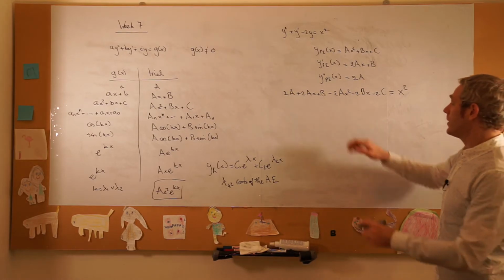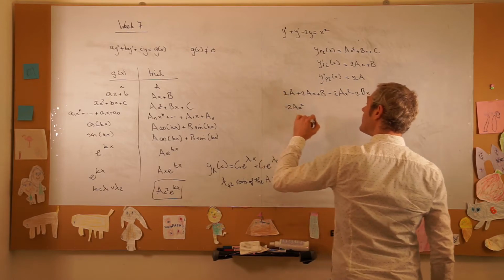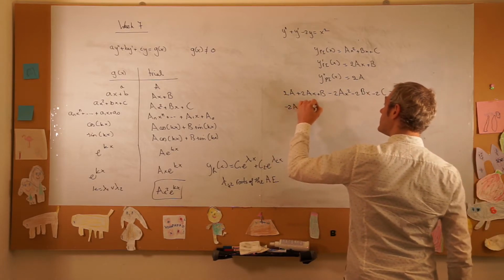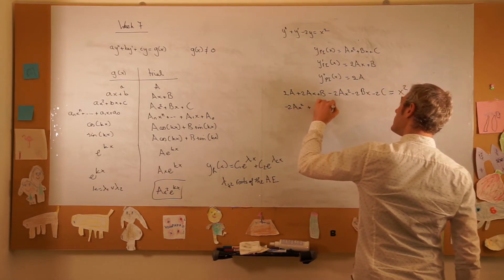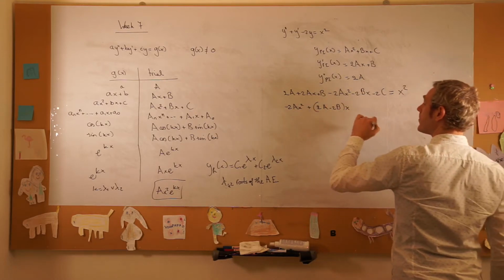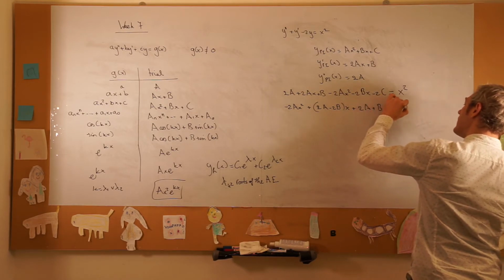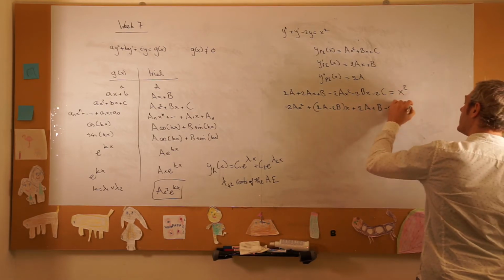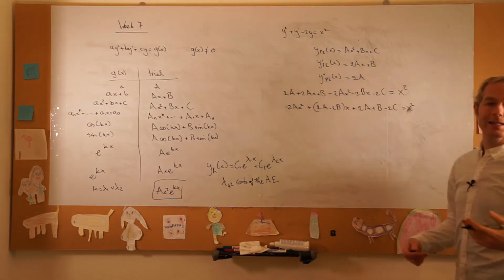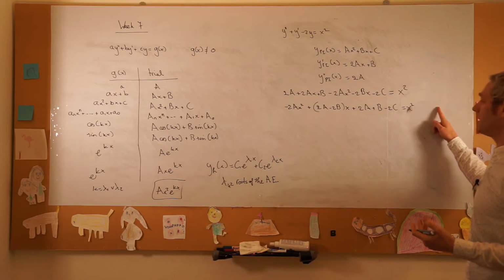Now I have terms with x squared, I have terms with x, and I have my constant terms. And that has to be equal to x squared, well, actually x squared plus 0x plus 0.